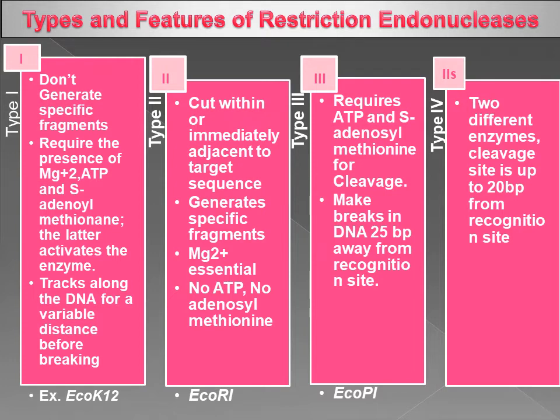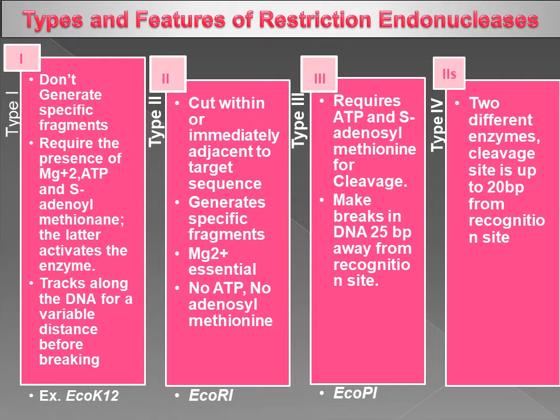Now what is type 2 restriction endonuclease? It has two different enzymes, either to cleave or modify the recognition sequence. The cleavage site is the same as or close to the recognition site, so it can cut within or immediately adjacent to the target sequence.